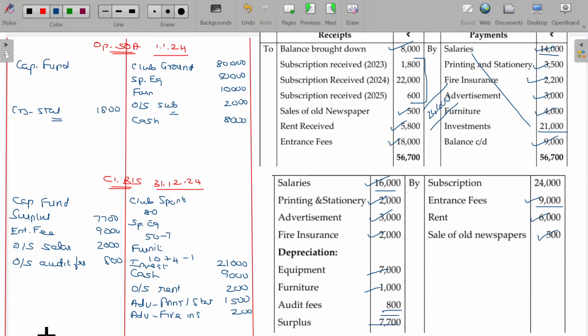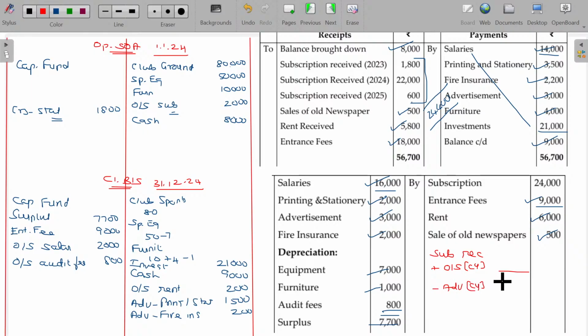I'm going to decode this. Very important. Okay, let's see. Subscription received is what? Outstanding of the current year minus advance of the current year.